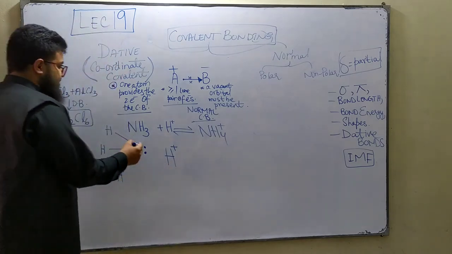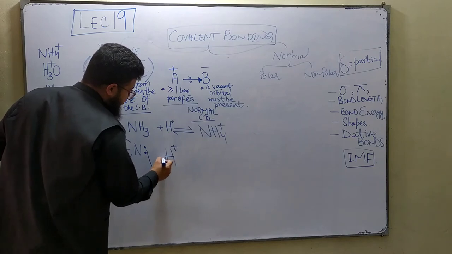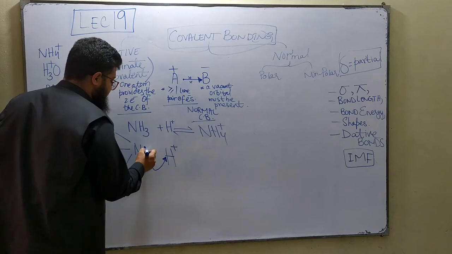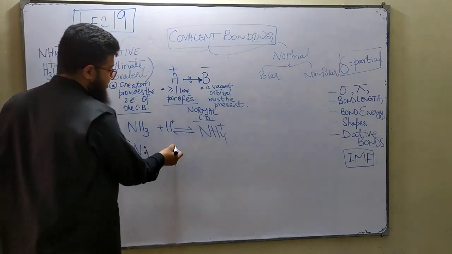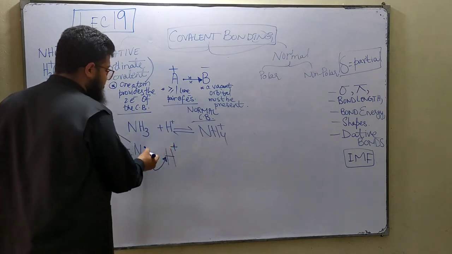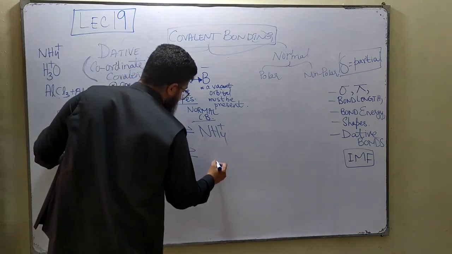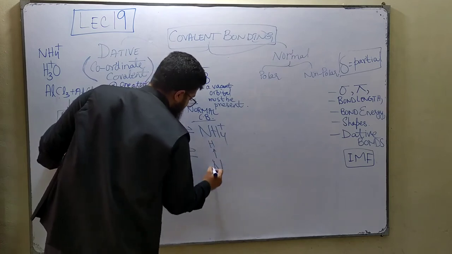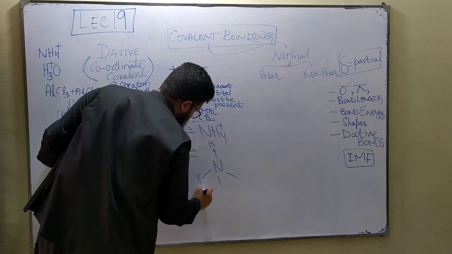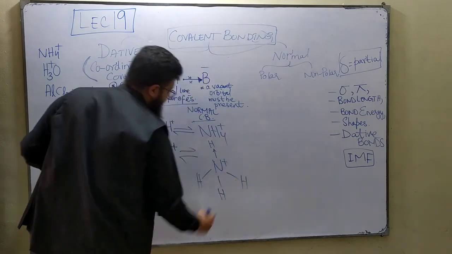Now this nitrogen will donate its lone pair of electrons towards this H positive ion, because it has this lone pair of electrons, and the hydrogen itself has an empty orbital, so it can accept that lone pair of electrons, and as a result of this you will get a nitrogen and the 3 hydrogens which it already had, and this nitrogen will get a positive charge.